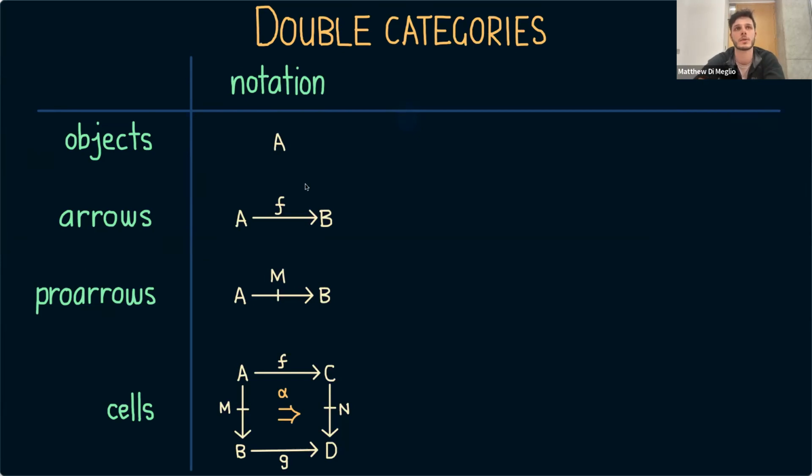The arrows are the direction that's strictly unital and associative. The pro-arrows are the direction that's associative and unital up to isomorphism. So we have two kinds of morphisms, which can be composed together, and then we have these cells, which again compose in both directions. So that's all I'm going to say about recapping concepts from double categories.